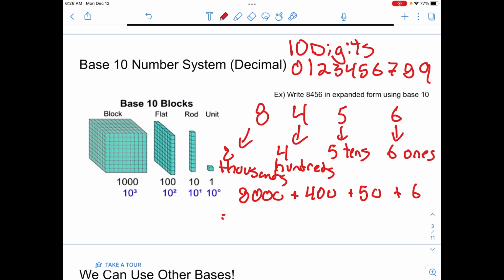We can break that apart even further. So 8,000 is 8 times 1,000 plus 4 times 100 plus 5 times 10 plus 6 times 1.